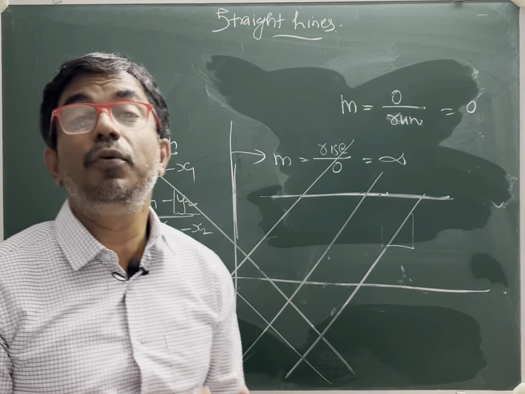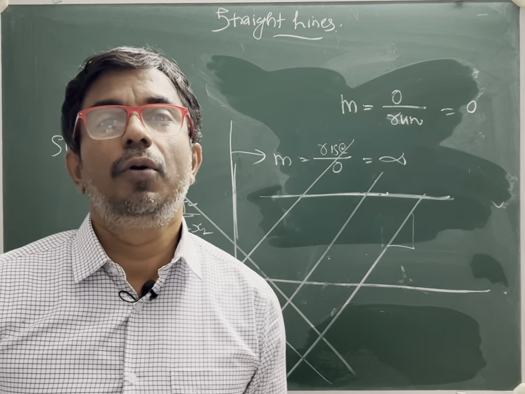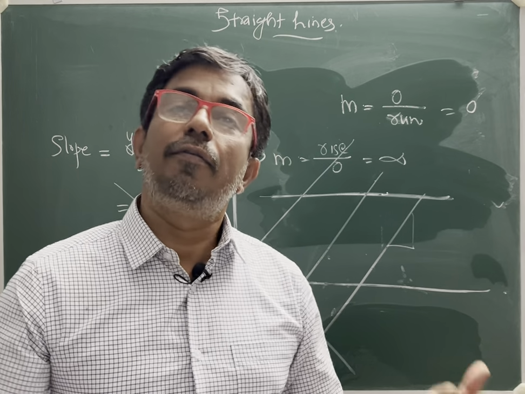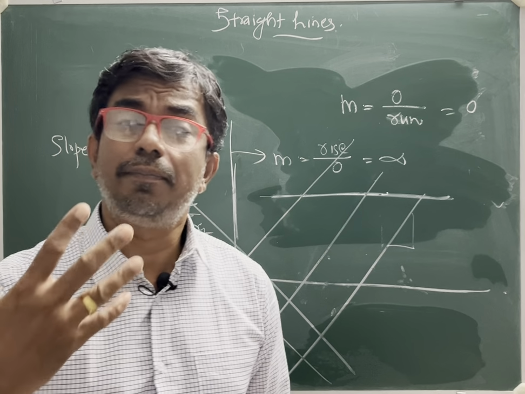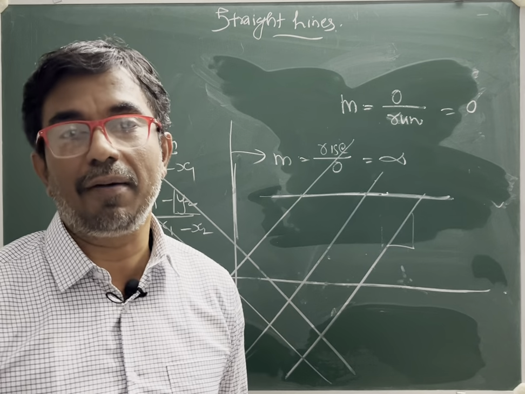When you view a line itself, you may be able to recognize that. But we don't have to do any such circus. We will have some kind of information about the line, and from there you will be able to find out the type of slope a line will have.